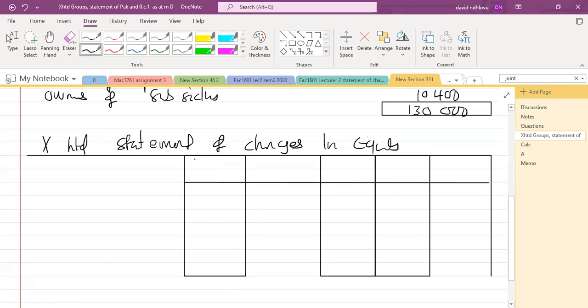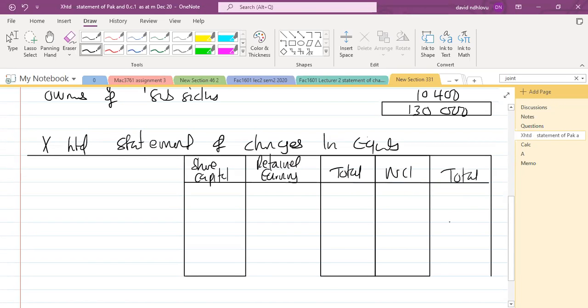We have retained earnings. Sorry, let's always start with share capital. Then we have retained earnings, then we have total. Then we have NCI. Then we have our final subtotal.